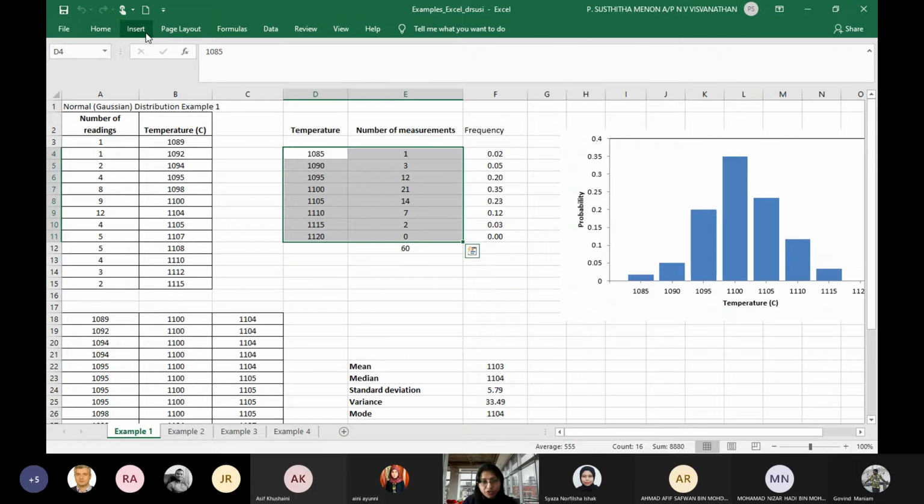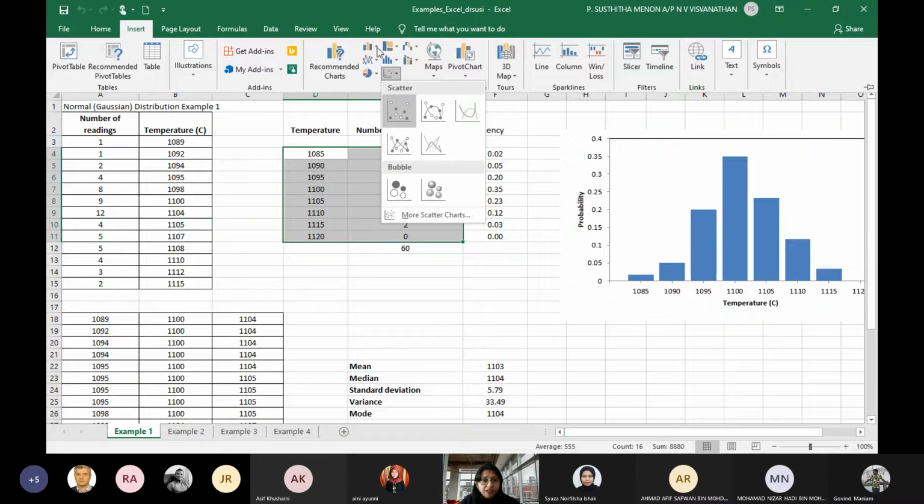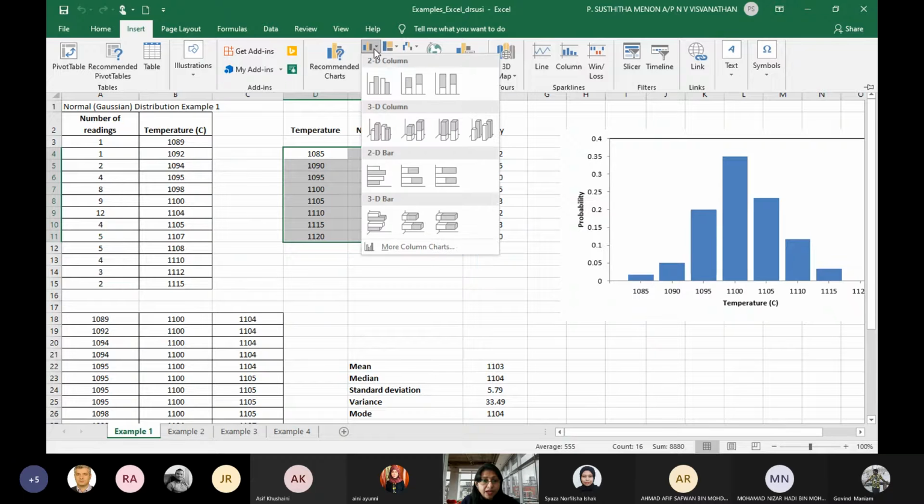I believe that all of you are familiar with Excel, but in my previous experience, there are students who are not familiar with Excel. If you have a temperature and a number of measurements, you can just go to charts over here. Normally you can have an XY chart, or you can go straight to the histogram, a 2D column and so forth.